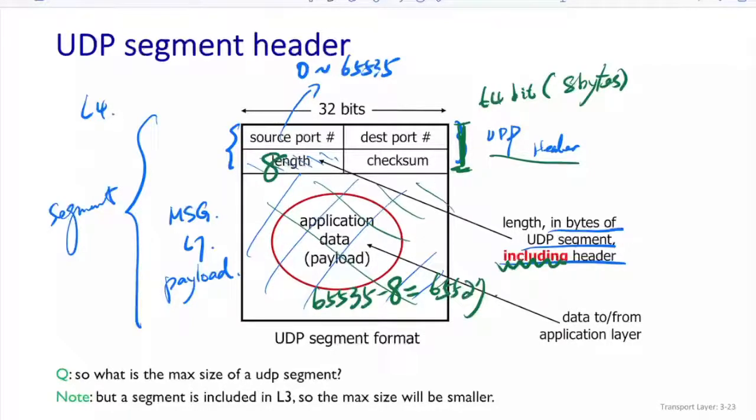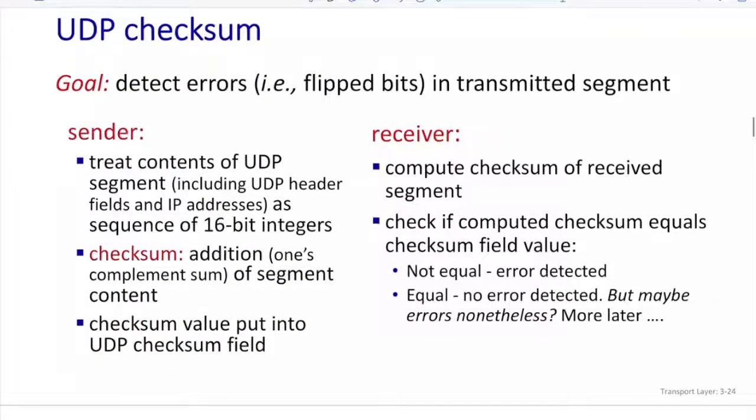Okay, so the next header field is the checksum. Although, as we mentioned, UDP does not provide any guarantee about bit errors, it still has a certain level of reliability designed into the UDP header.